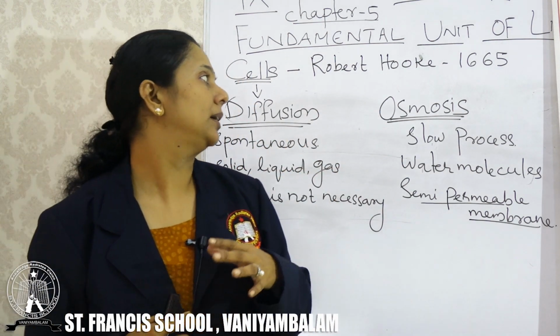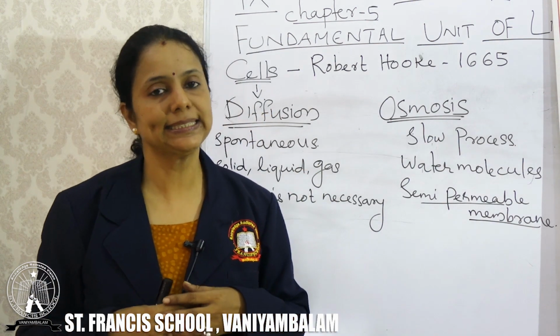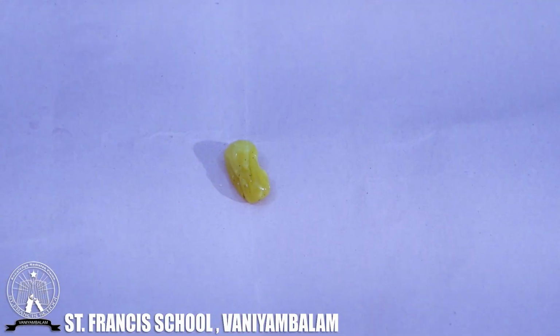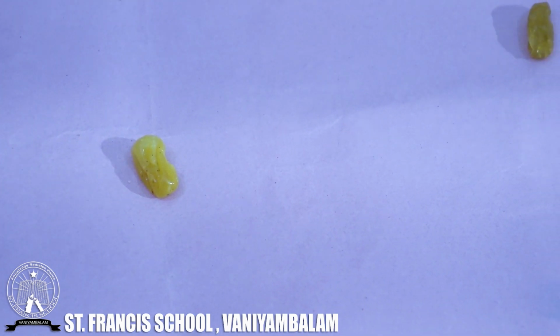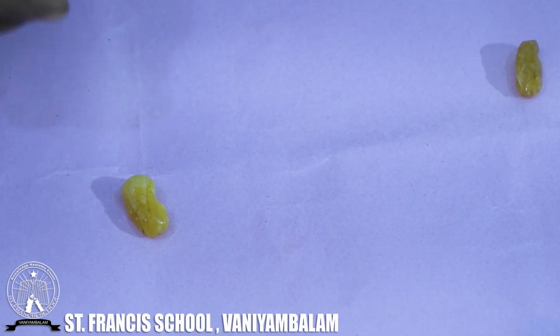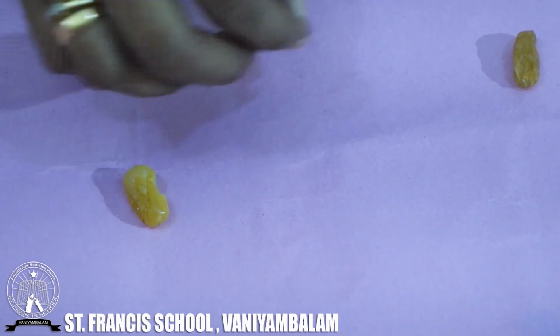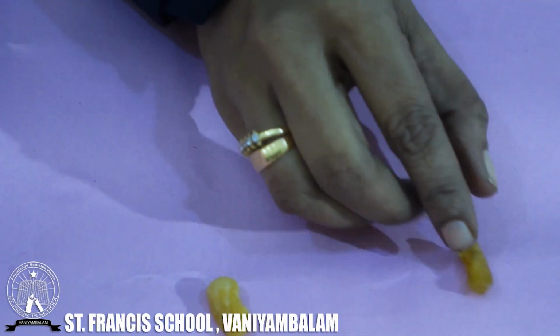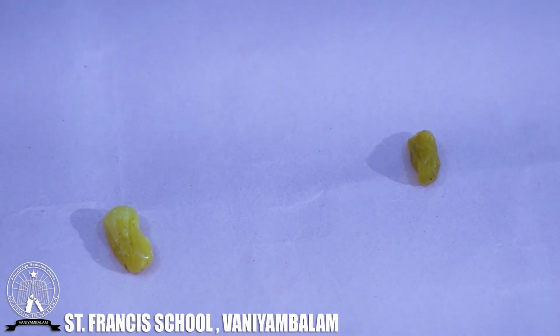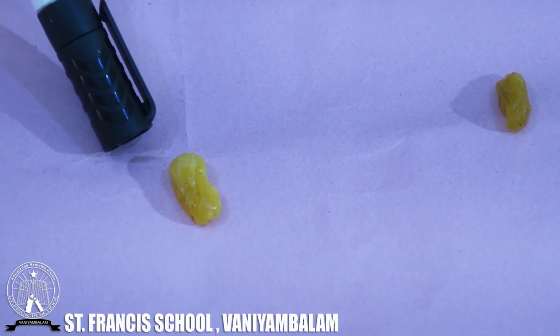Now let us discuss osmosis in detail. Now I am going to tell you some examples of osmosis. As you can see here, this is a dried resin. It is a normal resin, and this one I have kept in water overnight.